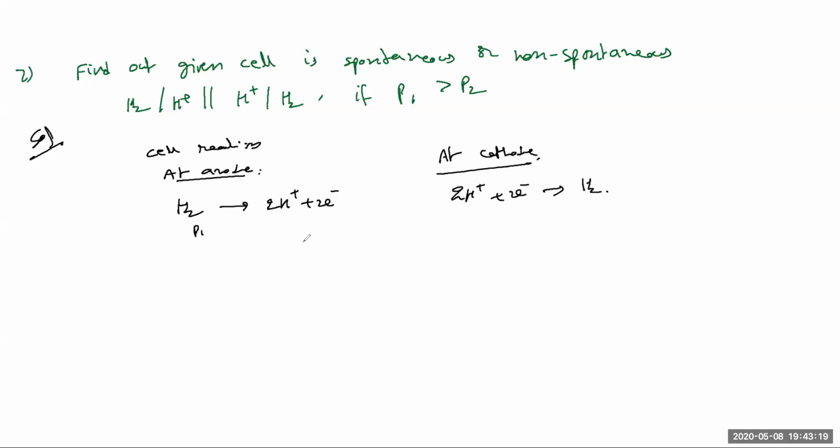H2, here P2. But you know, E cell is equal to E naught cell, just now I gave. These are the pressures only. 0.0591 by n, here n is already 2, into log of P2 by P1.